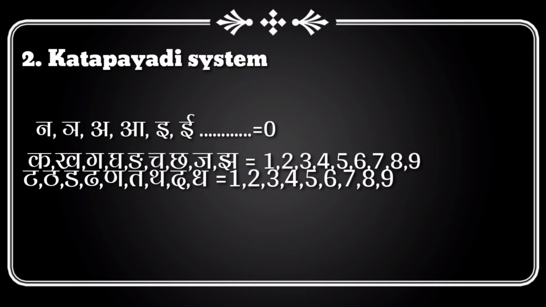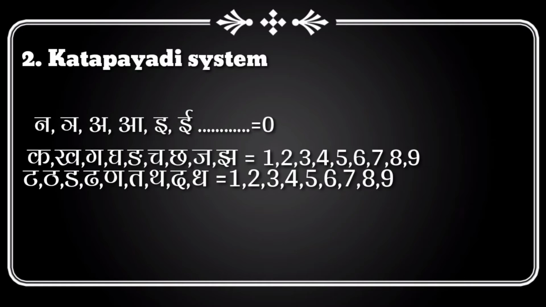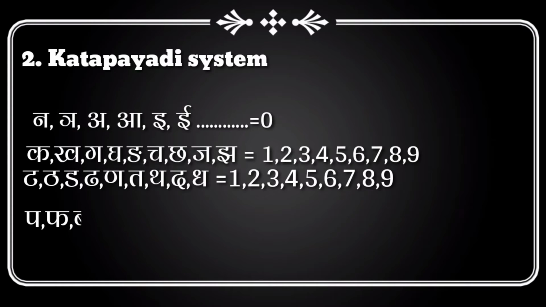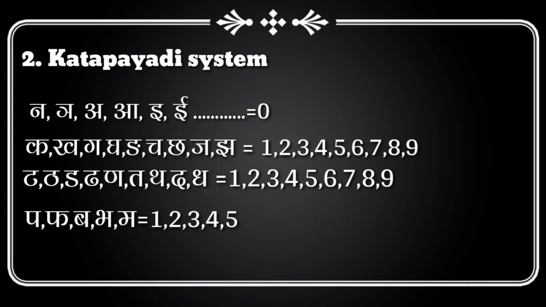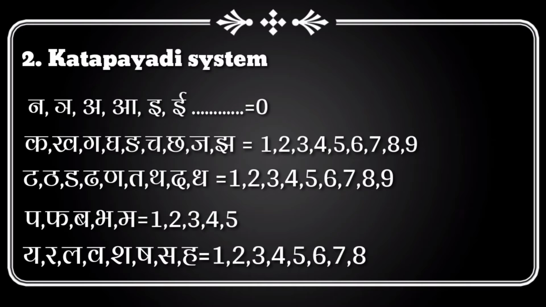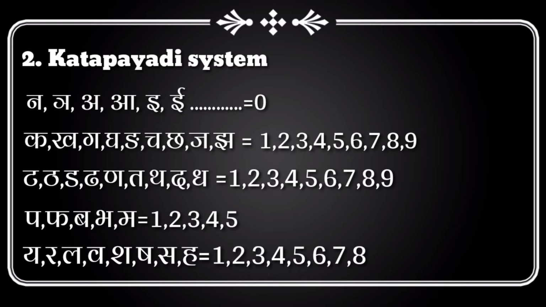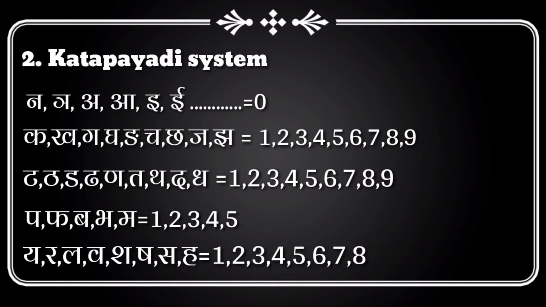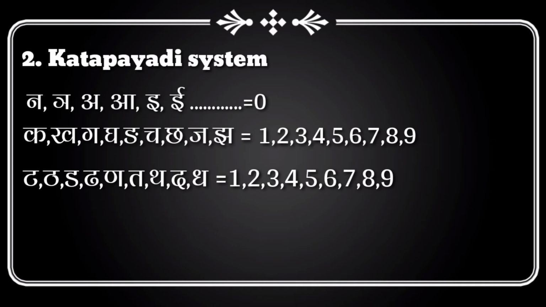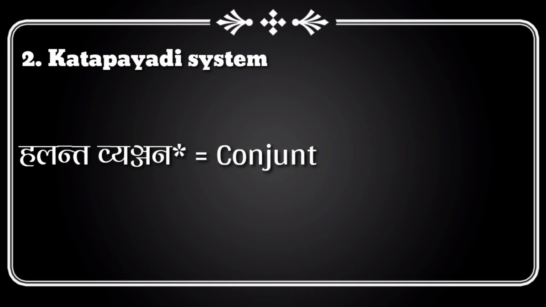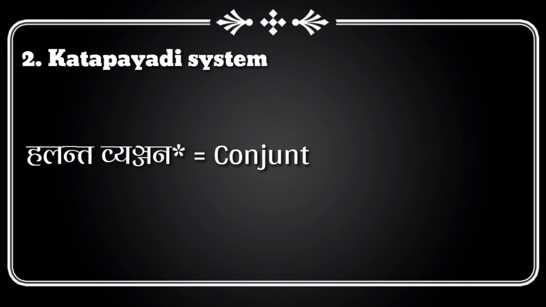The first 5 again represent 1, 2, 3, 4, 5. It means Pa, Pha, Ba, Bha, Ma, and Ya, Ra, La, Va, Sha, Sha, Sa, Ha represent 1, 2, 3, 4, 5, 6, 7, 8. The other thing it says is that the halanta swara or the conjunct should be ignored.